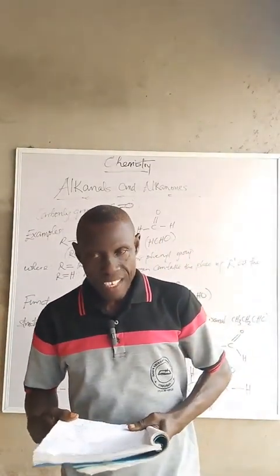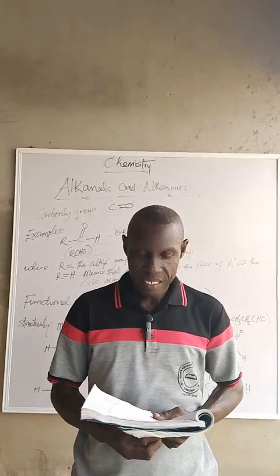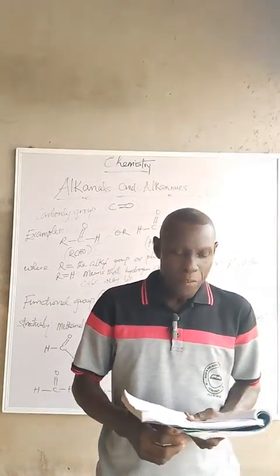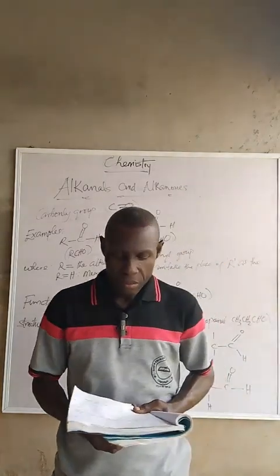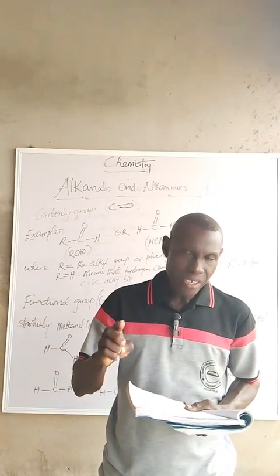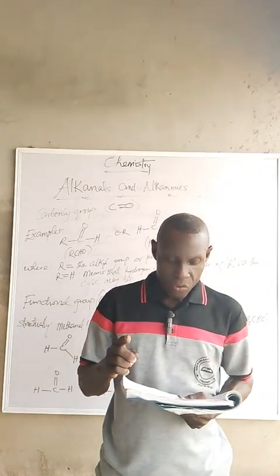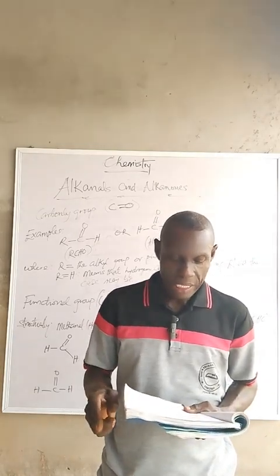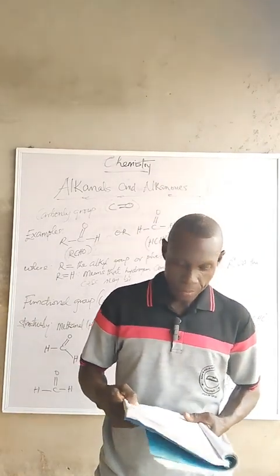Now, the carbonyl group is the functional group for both aldehydes and ketones. If an organic compound containing a carbonyl group is bonded to only one alkyl group or only one phenyl group, and one hydrogen atom is attached to it, then it is called an aldehyde or alkanal.